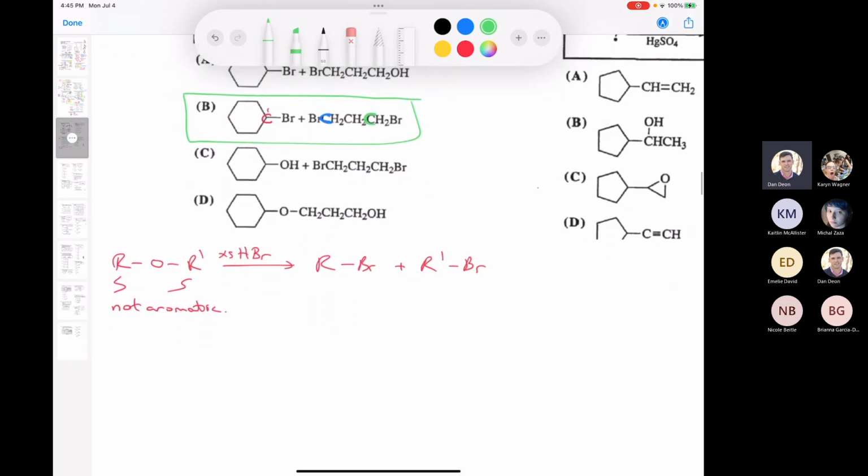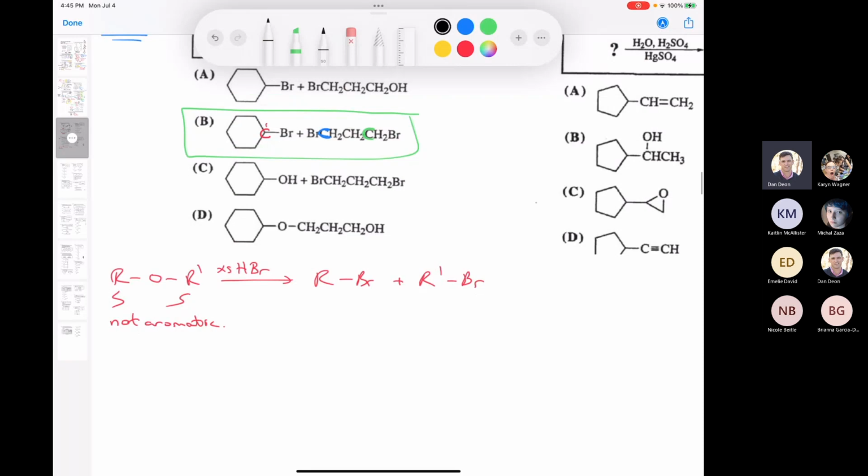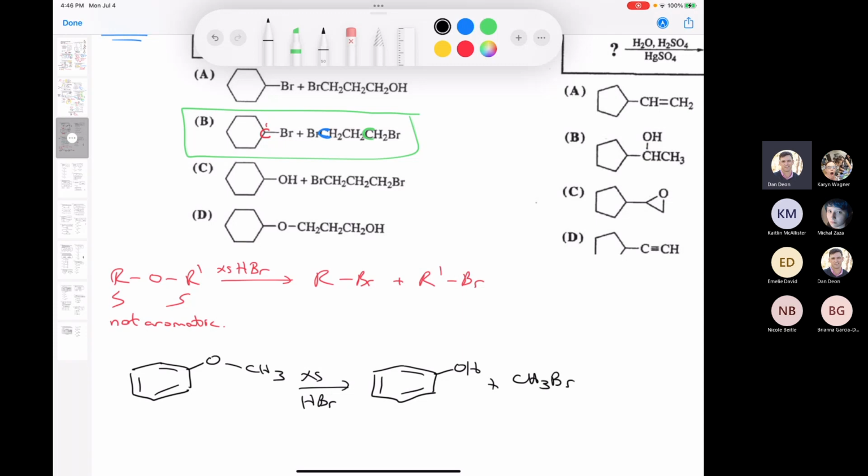Put another way, this is a question I asked you on the quiz: let's say you have an aromatic compound like this, and you treat it with excess HBr. What you end up with is the phenol, because you can't get an SN2 reaction at an sp2 hybridized carbon, and you'd end up with methyl bromide.